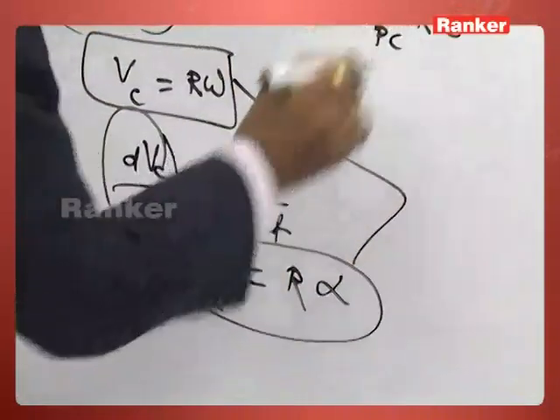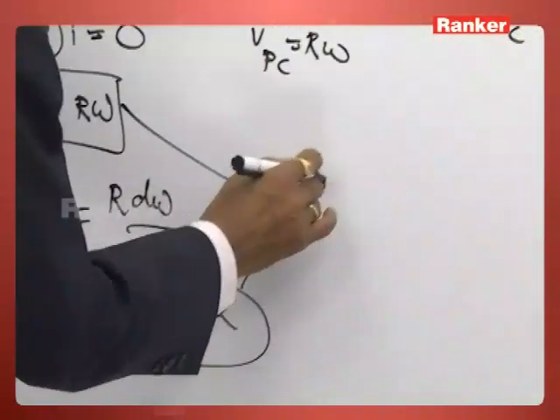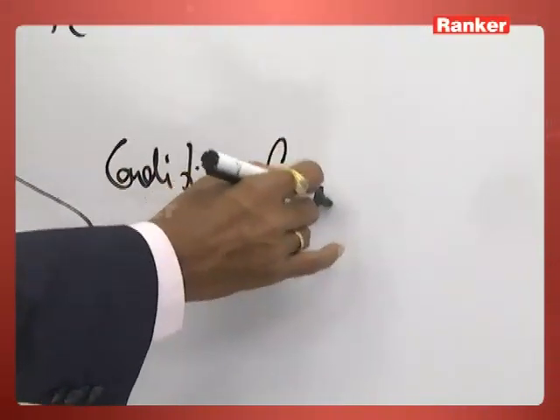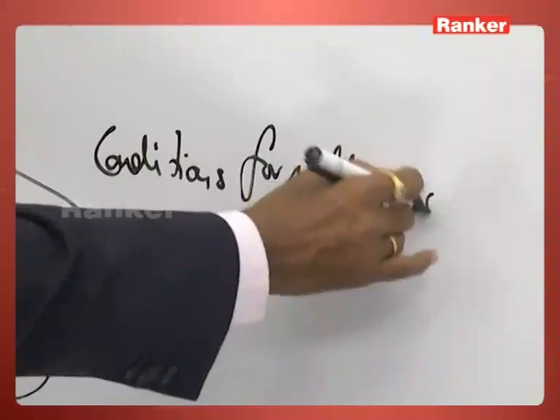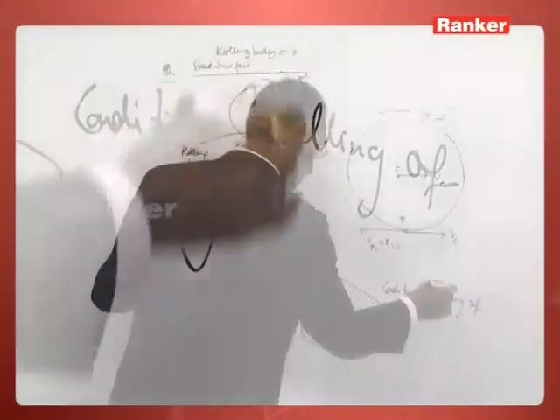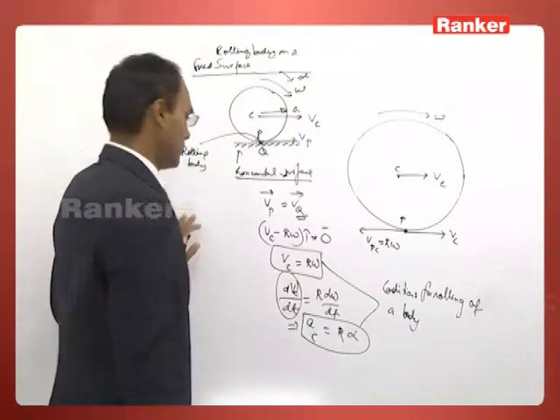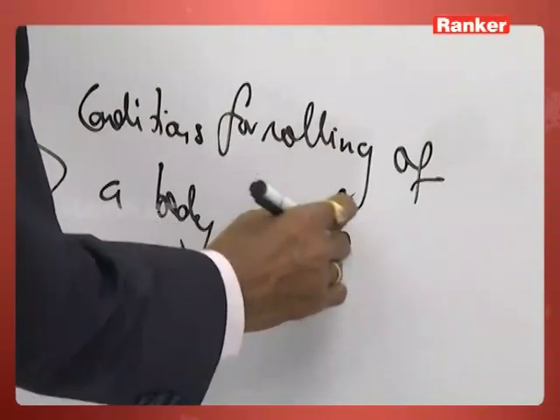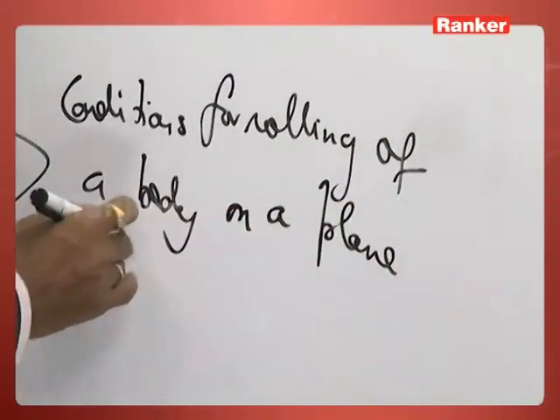These are the conditions for rolling of a body on a plane surface.